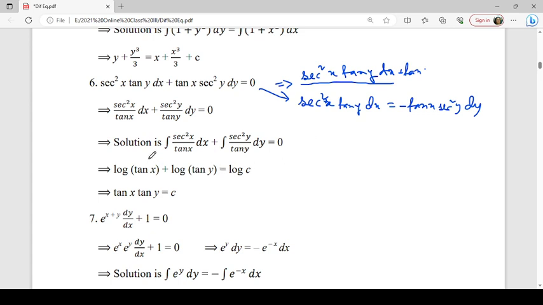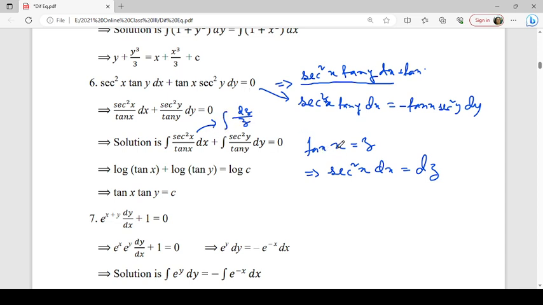Now integrate it, and this one is by method of substitution. So you write tan x is equal to z. Then its derivative is sec square x dx equals dz, this is the method of substitution. So for this integration we write integration of dz by z, and dz by z is log z.